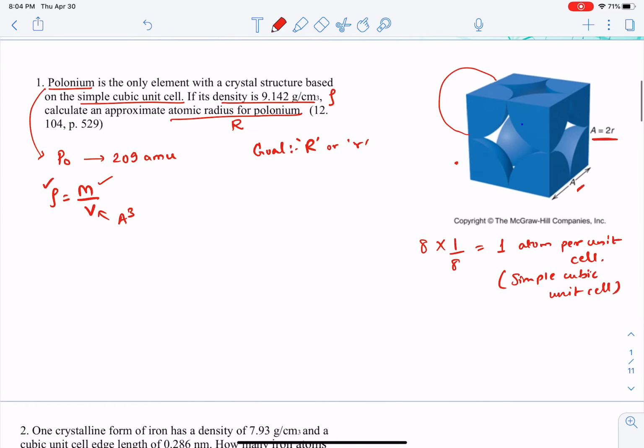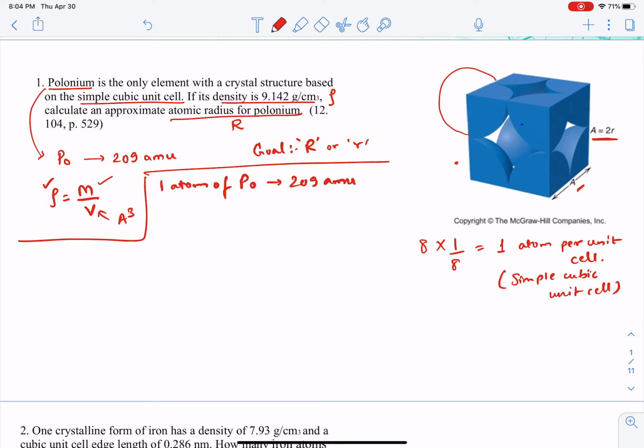Let's start with the mass calculation. 209 AMU is the mass of one atom of polonium, so I would write it down: one atom of polonium, 209 AMU. That is also the mass of one unit cell, because one unit cell contains one atom.